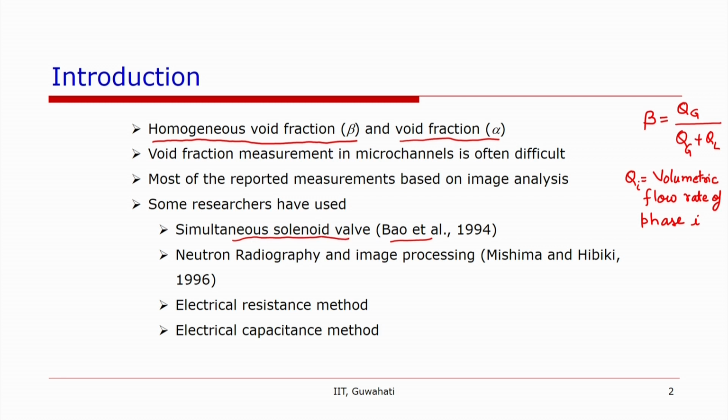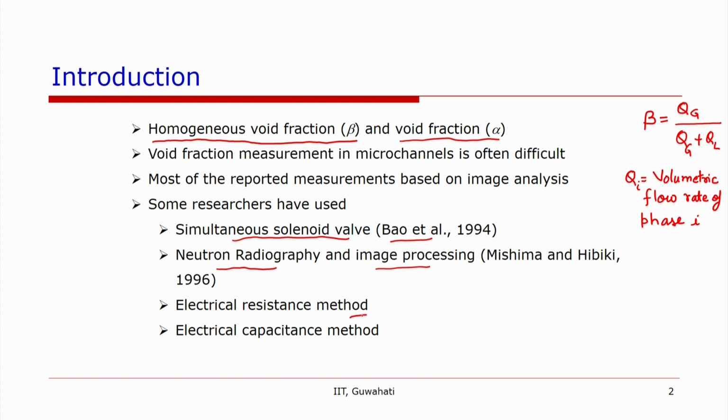Mishima and Hibiki used neutron radiography apart from image processing. Of course, image processing is one of the techniques where one takes a 2D image of the flow and then tries to correlate from it to get the void fraction in the 3-dimensional channel. Then another method is the electrical resistance method.